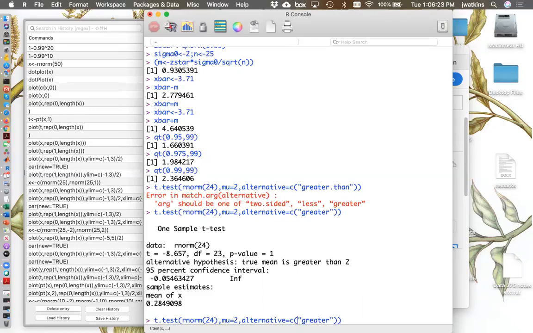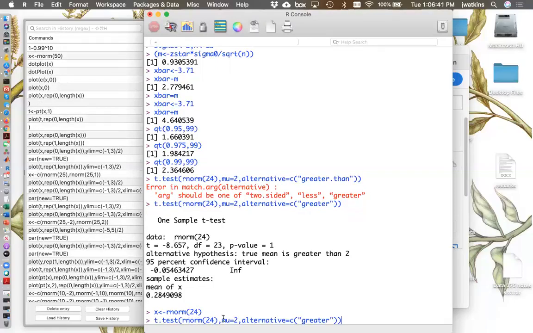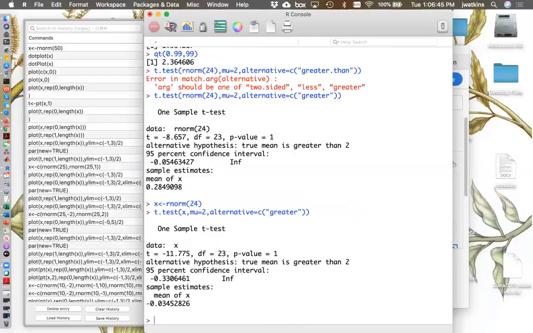Let me fix my data so I can apply the test twice. So x. Now if I do the test with x, then again it rejects it.